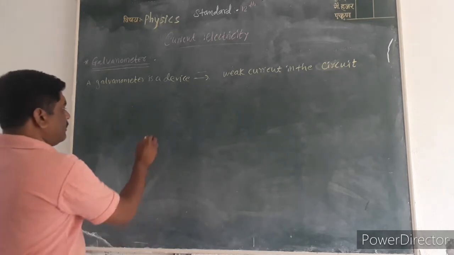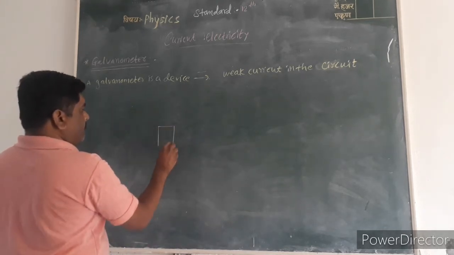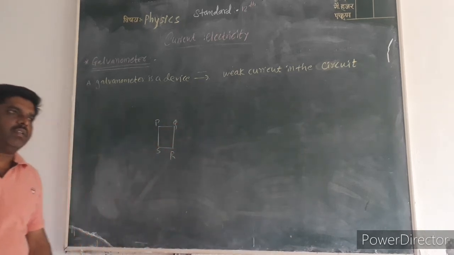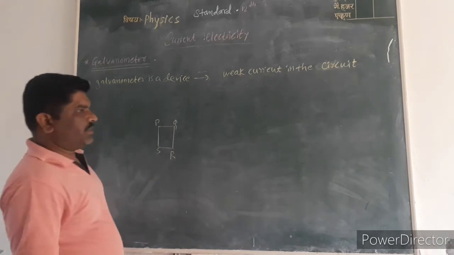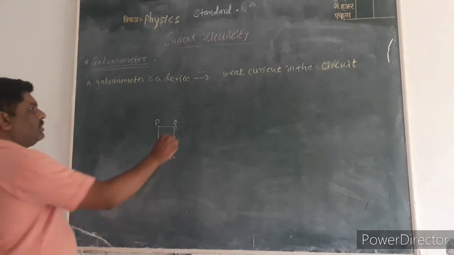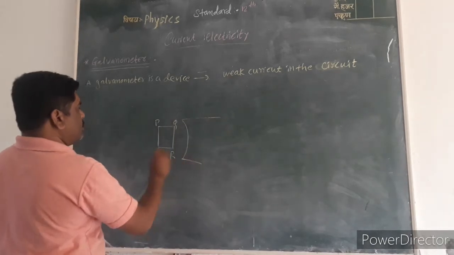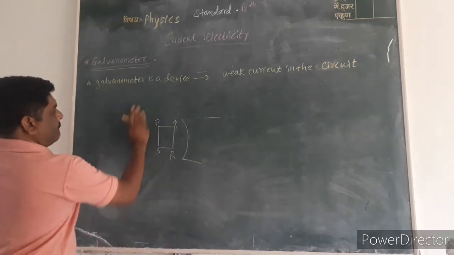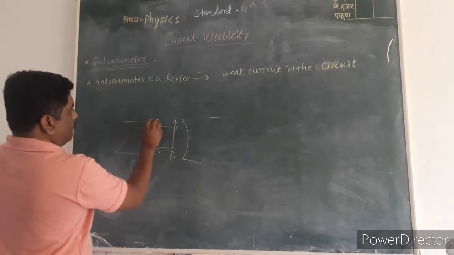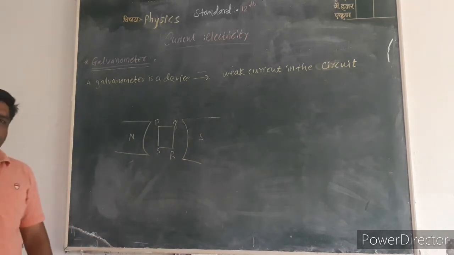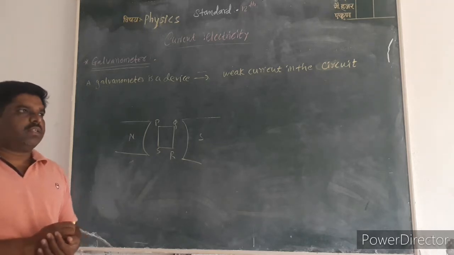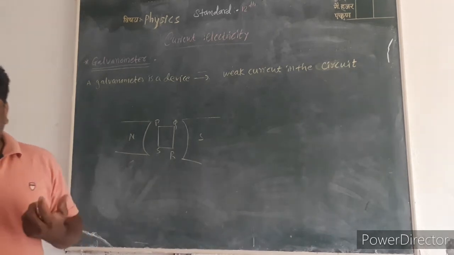The galvanometer is nothing but a coil, say PQRS is the coil of a number of turns wound over it, and this coil is kept or placed between two concave strong horseshoe magnets.